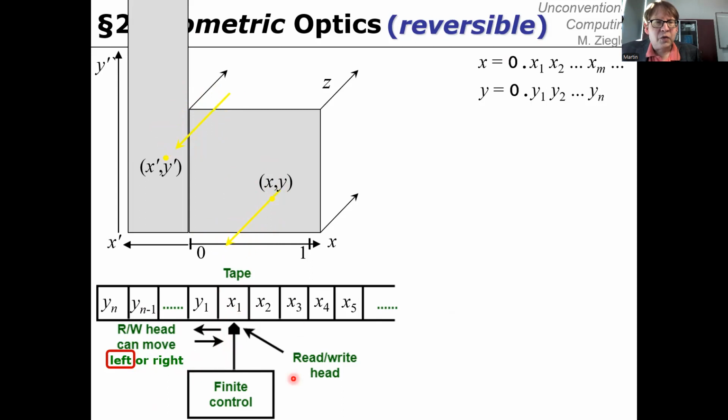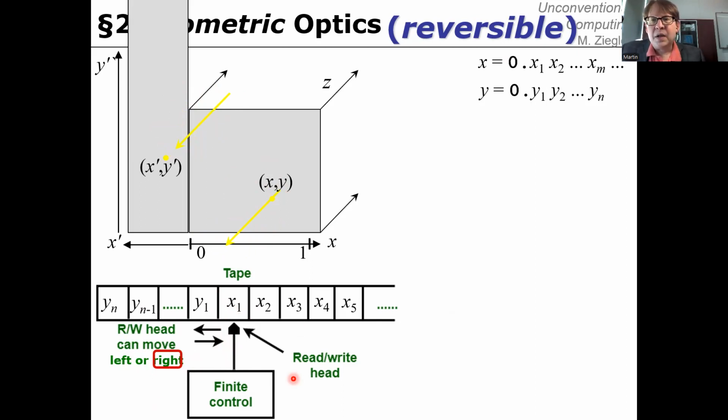By reversing it, by reversibility, we obtain another device that corresponds to the head moving one cell to the right, namely multiplying x by 2 and dividing y by 2.